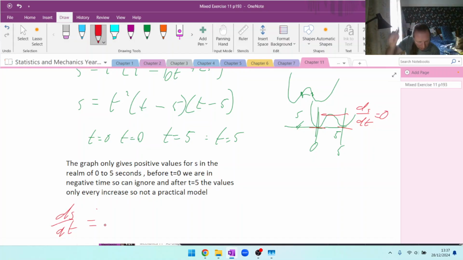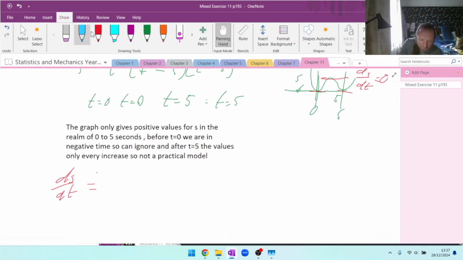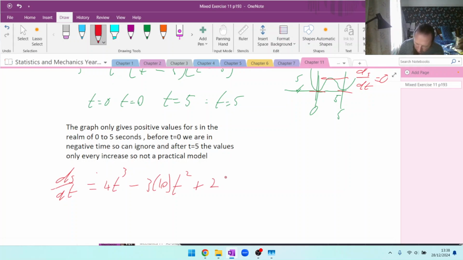So ds by dt is going to become 4t cubed minus 3 times 10t squared plus 2 times 25t to the 1, which of course is equal to 4t cubed minus 30t squared plus 50t.